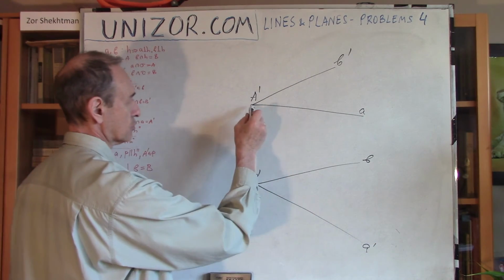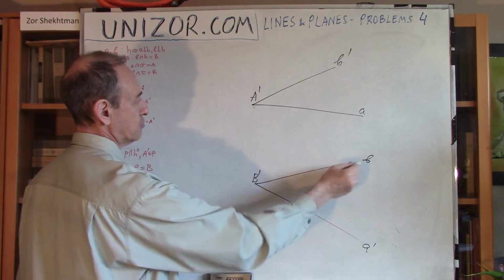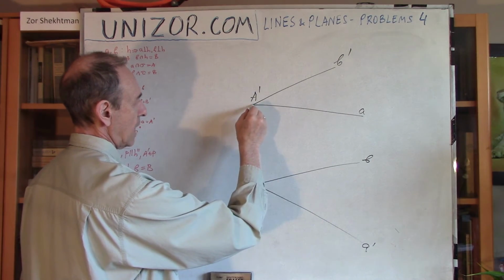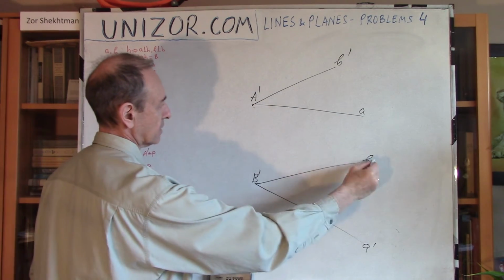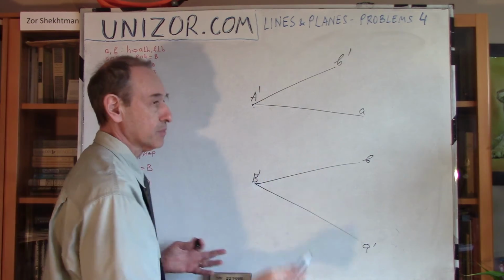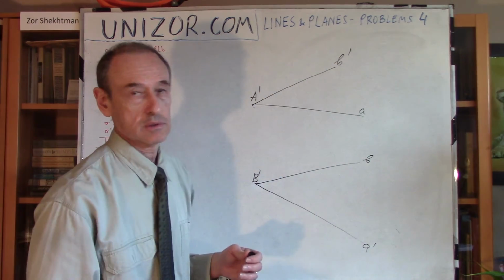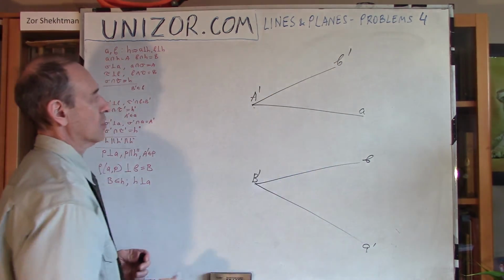If you want to draw a line parallel to B from point A, you take the plane defined by the line and the point, and within that plane you draw the line parallel to B. You have plane geometry.